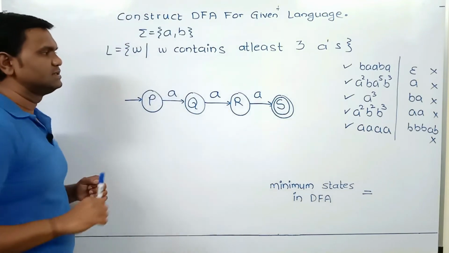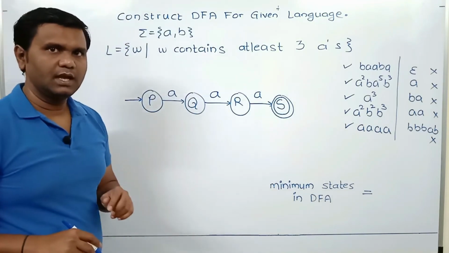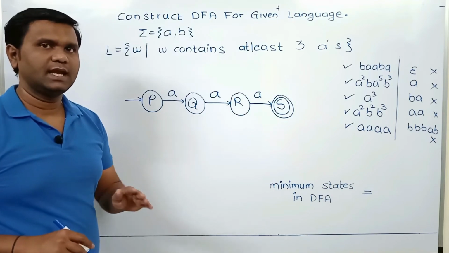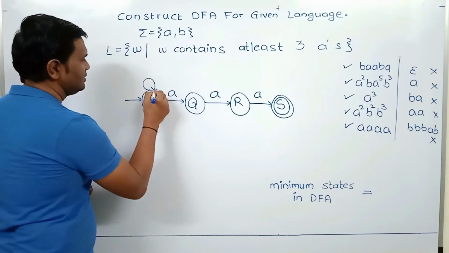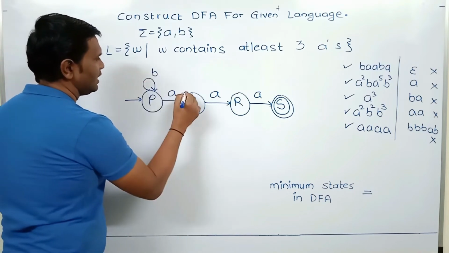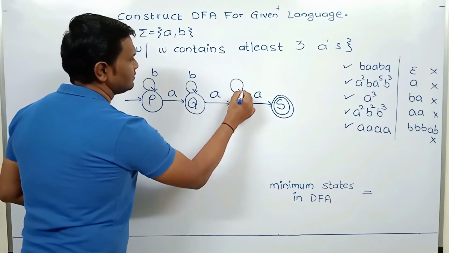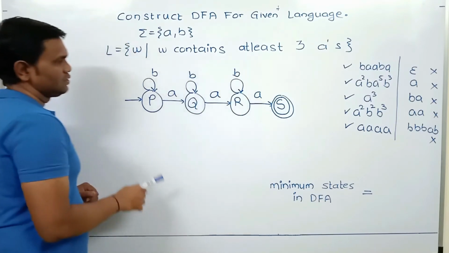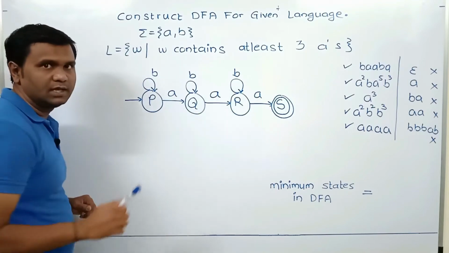We haven't handled transitions for B. Now B's can come any number of times and they can come anywhere. So to handle that, we add these loops at the first 3 states. So we have added loops for B's at P, Q and R only.